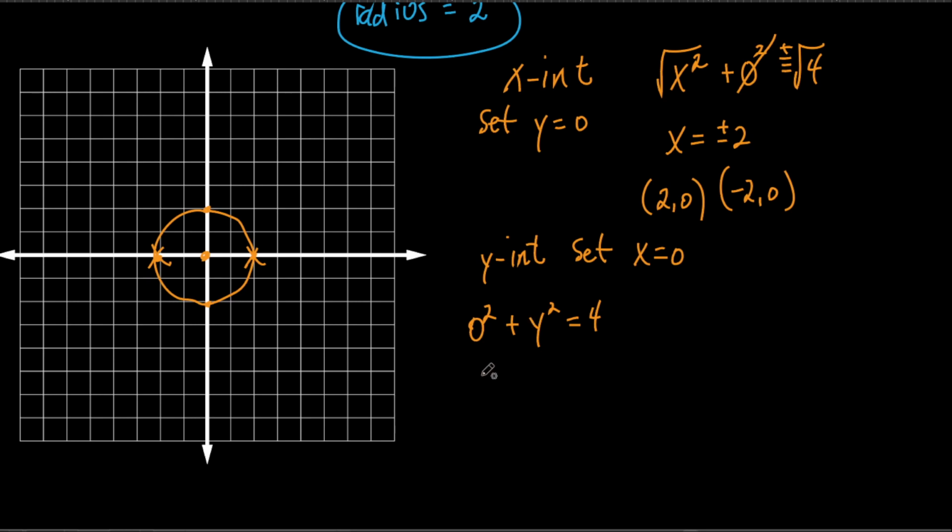Pretty much the same thing, isn't it? Y squared equals 4. Take the square root of both sides. So y is plus or minus what? 2. Let's write it as an ordered pair, though. It would be 0, 2, and 0, negative 2. All right, and there it is, just like we said it should be.